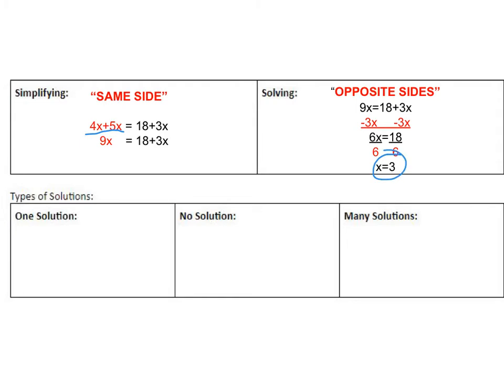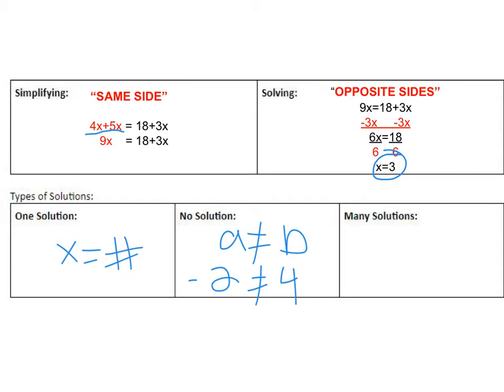That also brings us into interpreting our answers. We have three different types of solutions when we solve. The first one is what we see up top, where x will end up equaling a number. The other option is when we get a equals b, where two numbers are not equal, and that means there's going to be no solution.